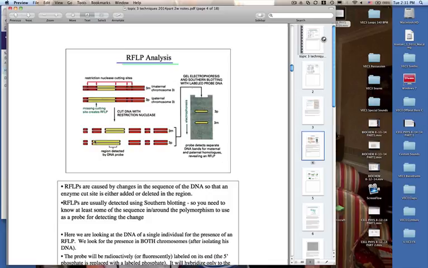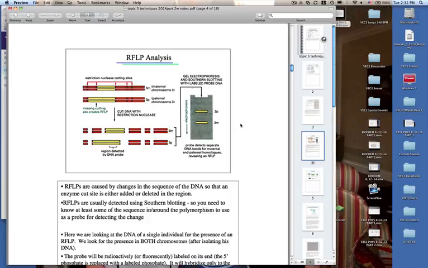Now, how do you detect these things? Well, you detect them by doing what we call a southern blot. Okay? So we're going to cut the DNA, and we're going to run it out on one of our agarose gels, right? So we're going to use a regular old agarose gel, separate those fragments. Obviously, this fragment is going to be bigger than this.